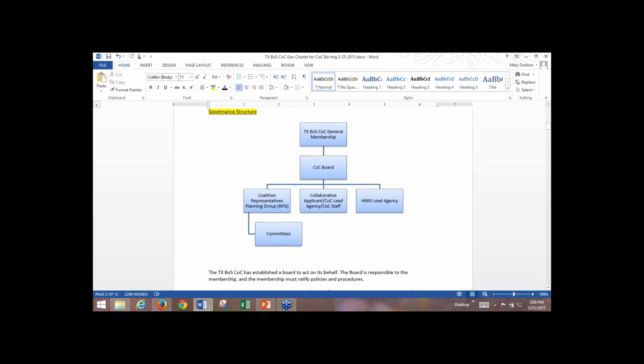As I stated last month, our intention with this is to put as much of the decision-making power in your hands as COC members.